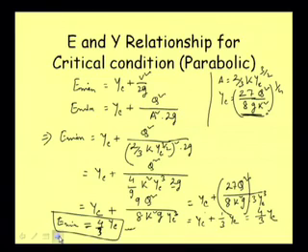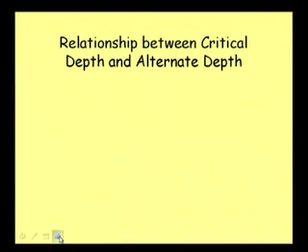That is, if we know the discharge, if we know the channel section, then we can get the critical depth expression directly. So, computation is rather easy as compared to the computation of normal depth. Only for trapezoidal channel we need to go for trial and error procedure. Well, let me go to the another important relationship.